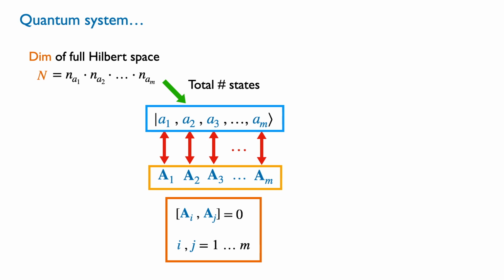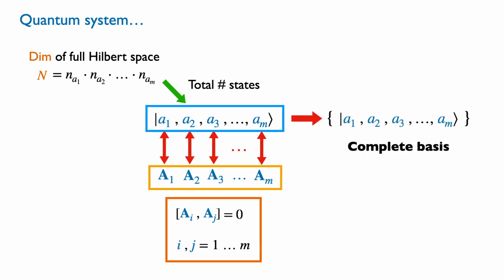Together, these eigenstates form a complete basis in the full Hilbert space. In literature, the set of operators A, whose eigenstates allow us to completely describe a quantum state, is referred to as the complete set of commuting operators. No more operators which commute with the rest could be added to this list.